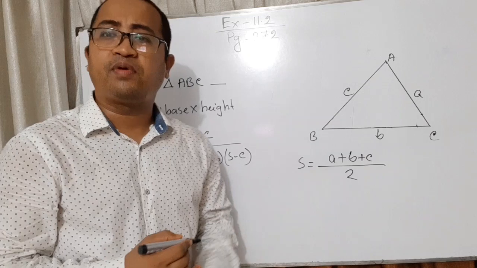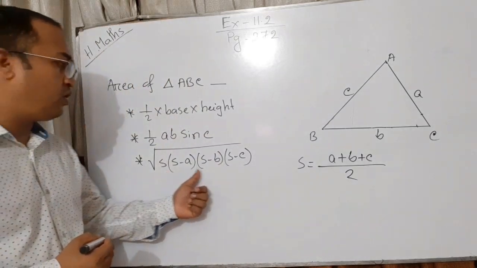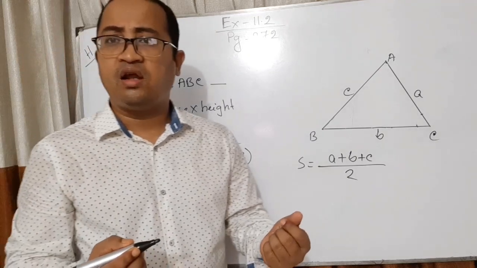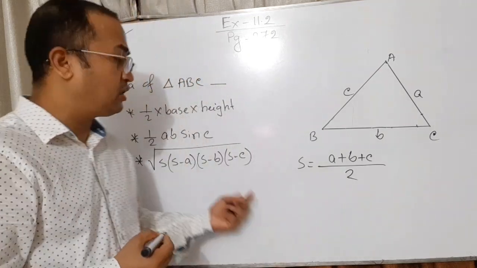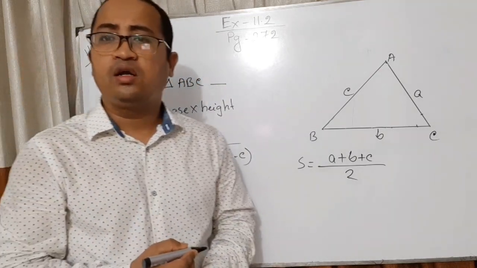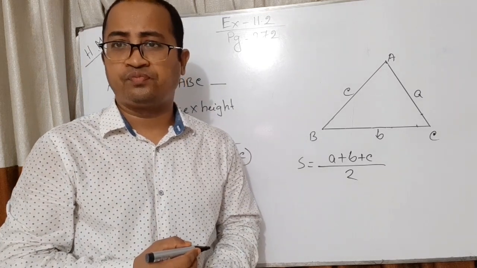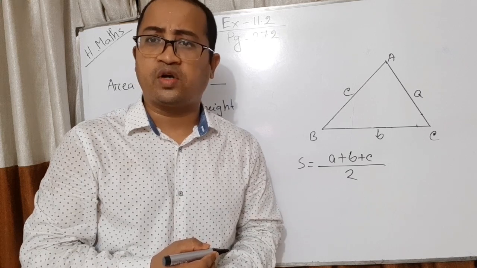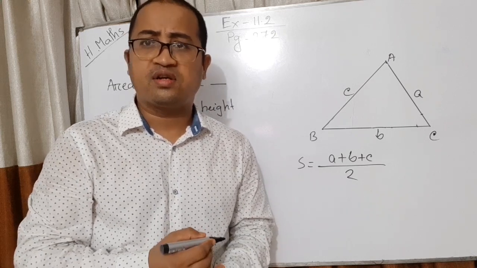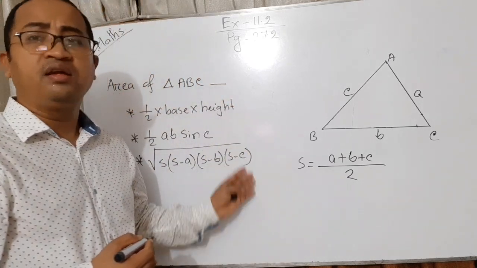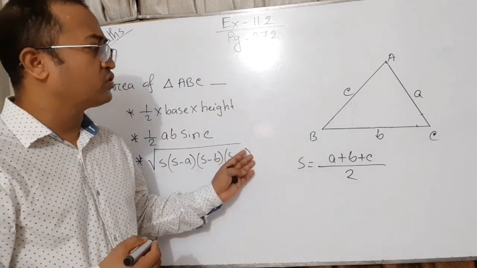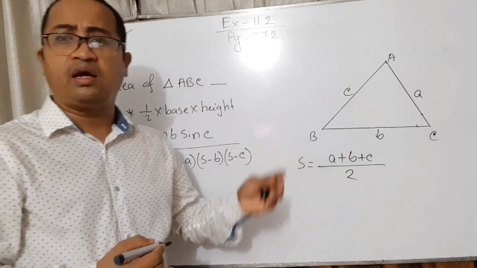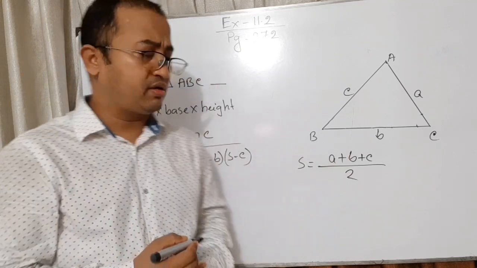So if you know all three sides, you can find the perimeter as well as half of the perimeter, and you can use this formula to find out the area of this triangle. There are more formulas that we use for equilateral and isosceles triangles, but look, these three we use for any triangle, if we have the required measurements.